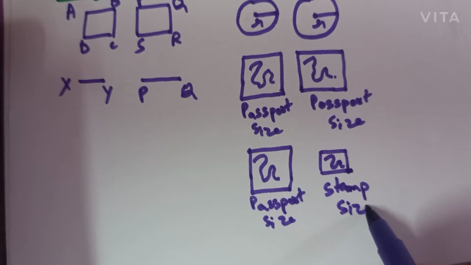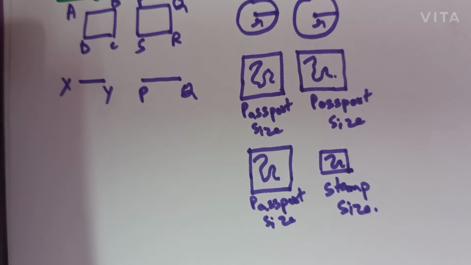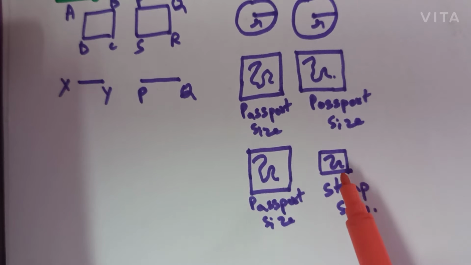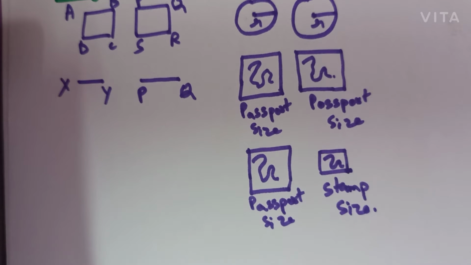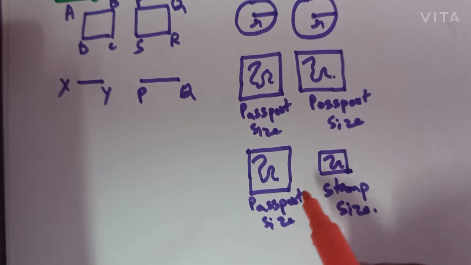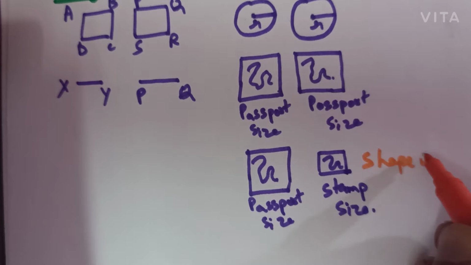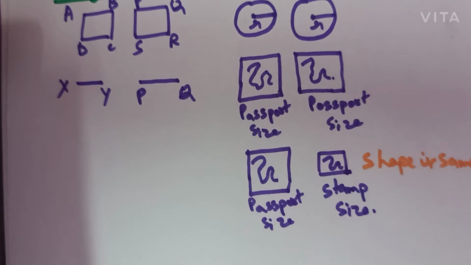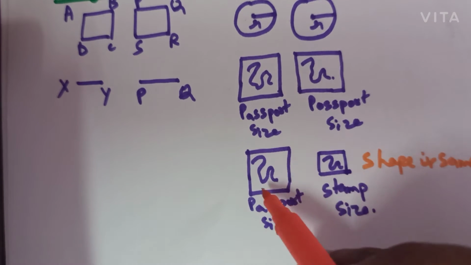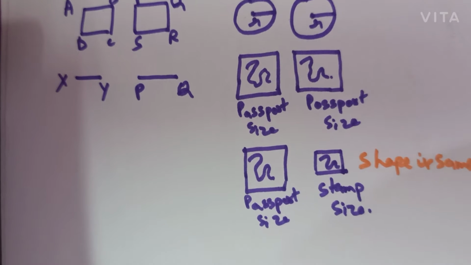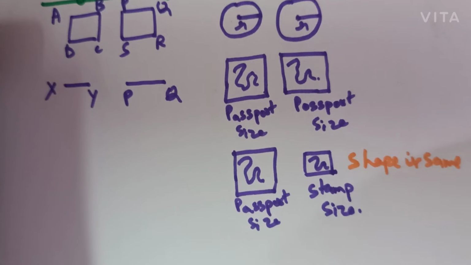So what is the similarity between the passport size photograph and the stamp size photograph? We can see that in both the photographs the shape is the same, because they are developed from the same photo.